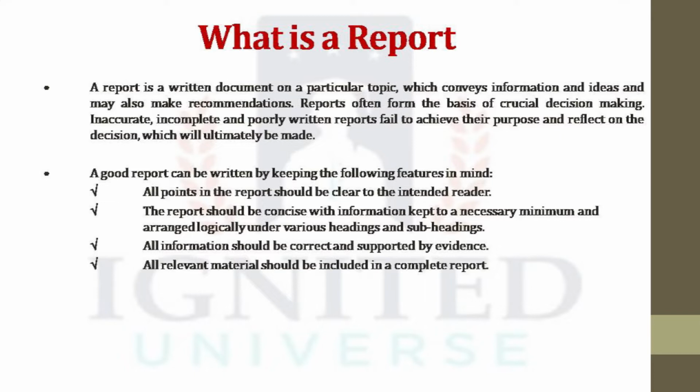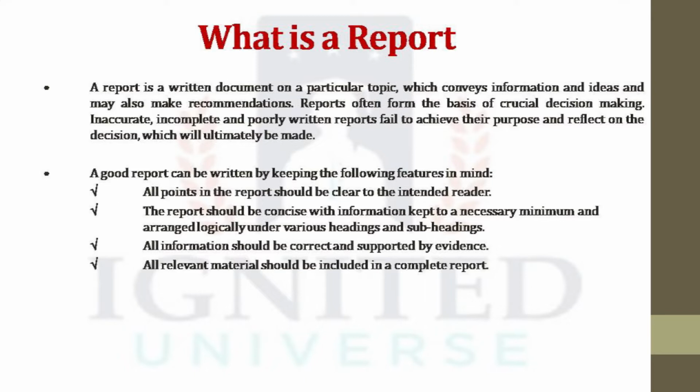All information should be correct and supported by the evidence. Then, the necessary relevant material should be included in the complete report. So, with these points, let us move on to what are the various types of reports.